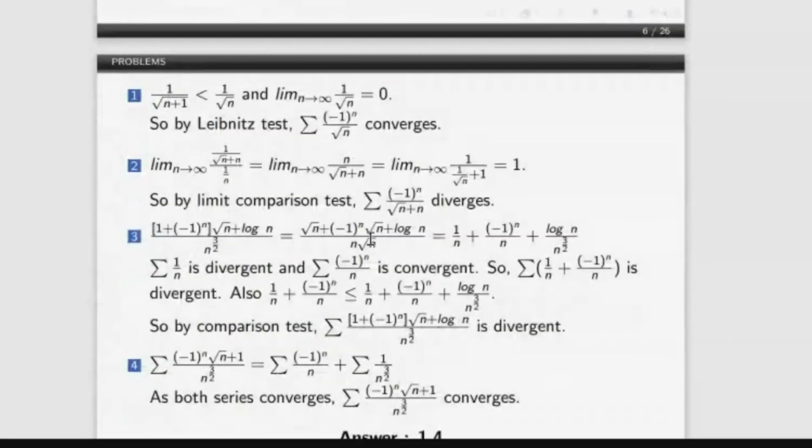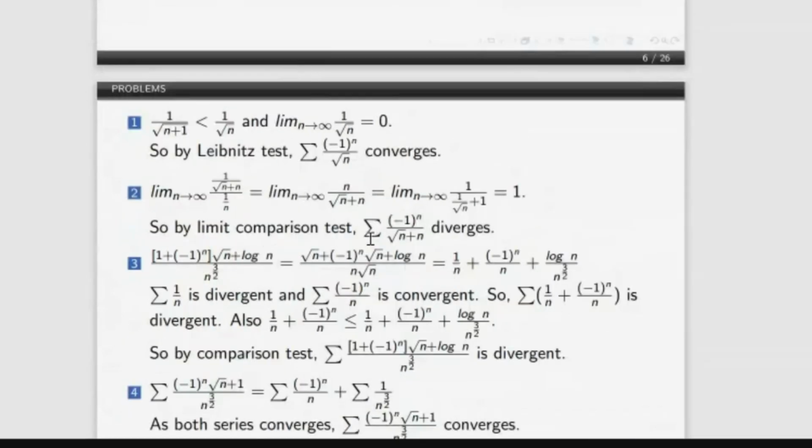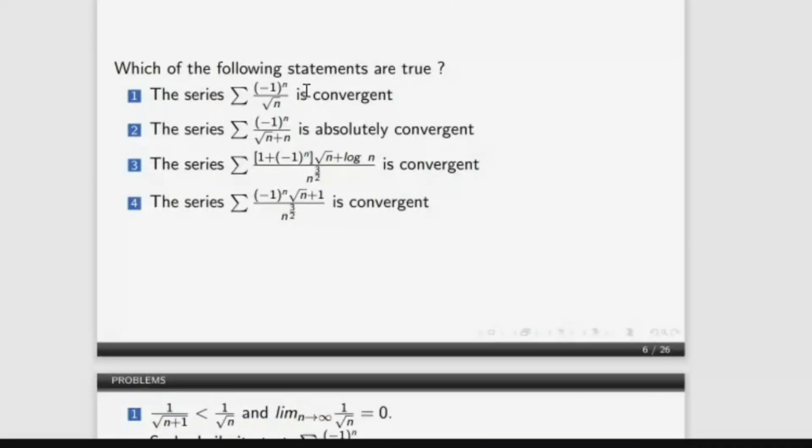First one, as the one who has already answered, he has said using Leibniz test. That's correct. So first option, we are applying the Leibniz test. Here we are given an alternating series, right? When checking absolute convergence, this is more like 1 by root n, or 1 by n power 1 by 2.